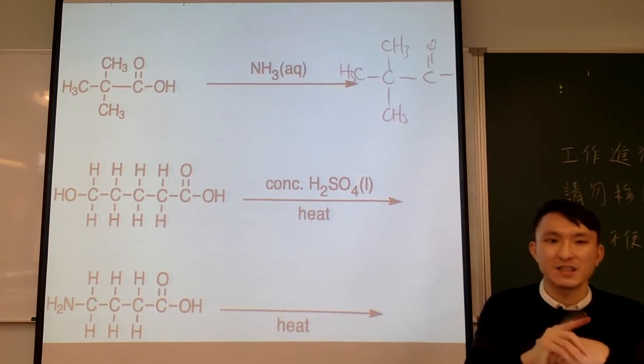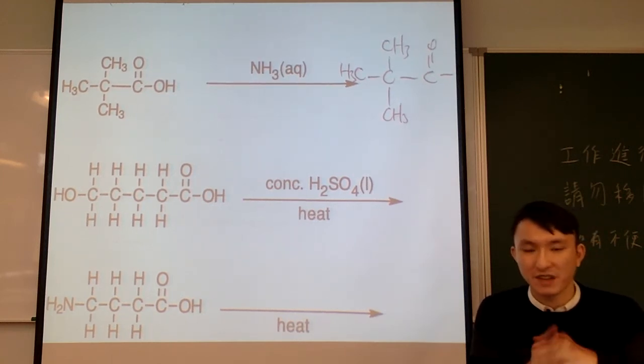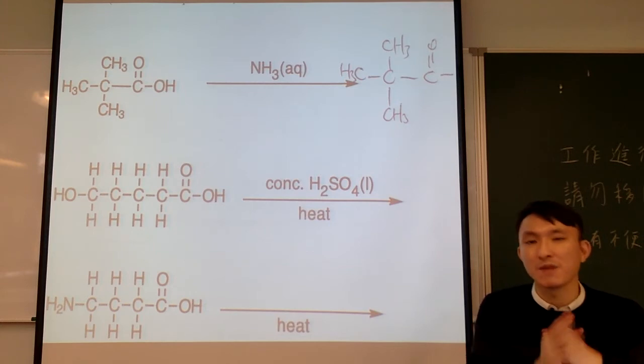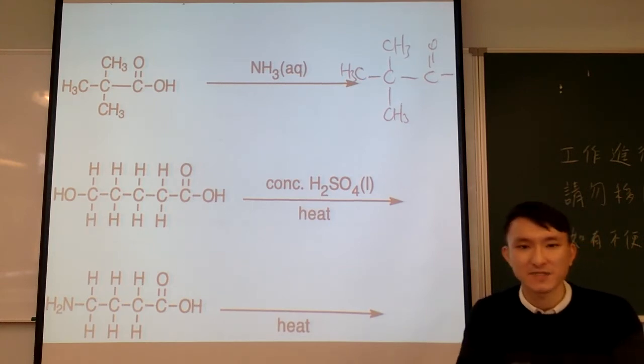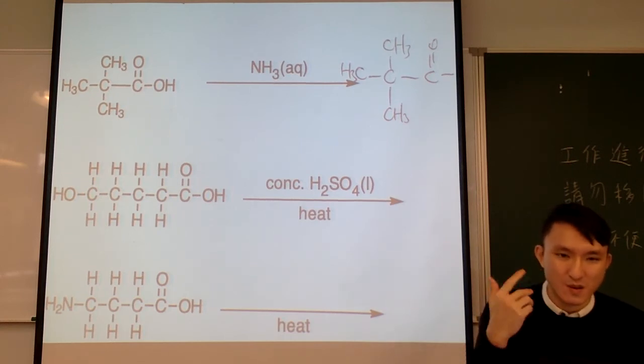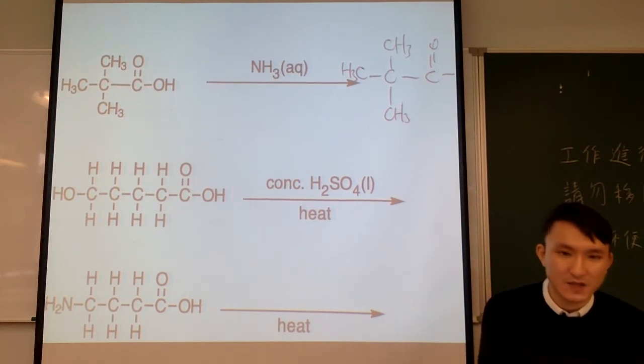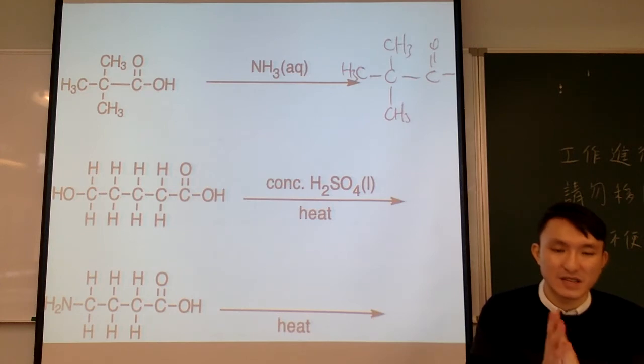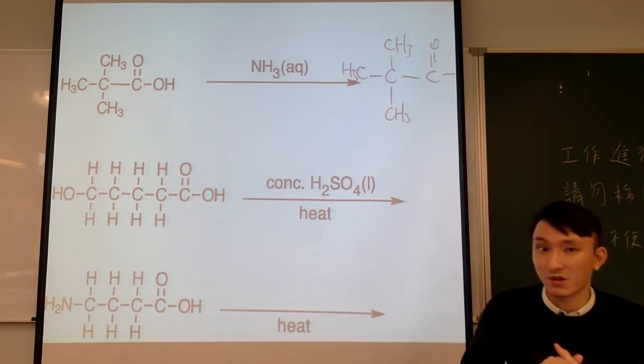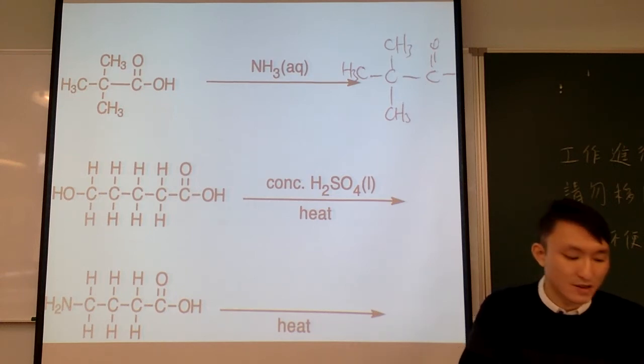One is dehydration of alcohol, right? You remember, for alcohol, it can undergo dehydration to form alkene, right? So this is one way of thinking. Another way of thinking is it may undergo esterification, okay? Because esterification also we need to use concentrated acid as the catalyst.